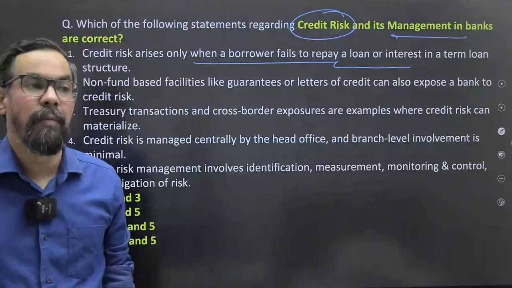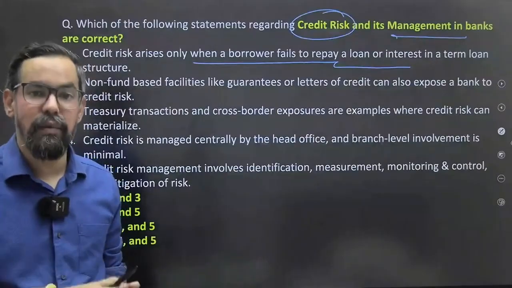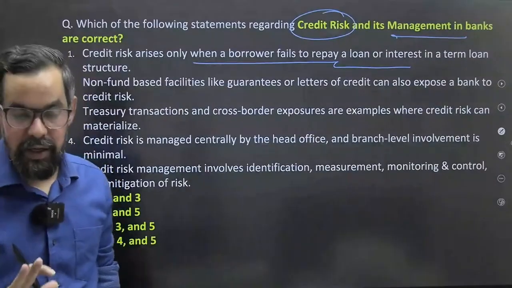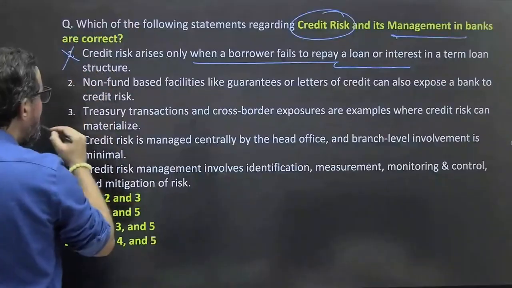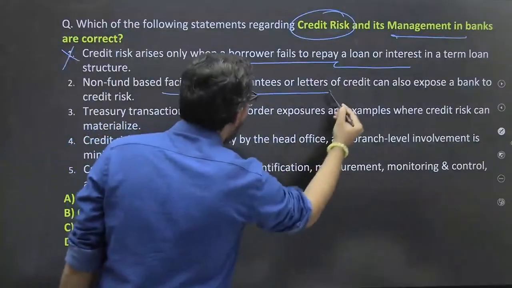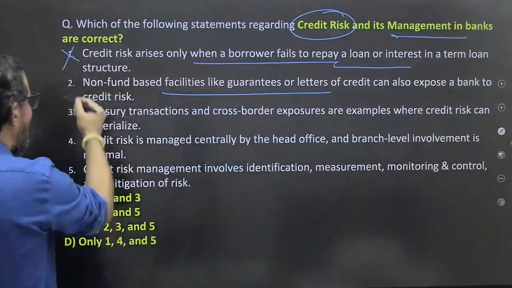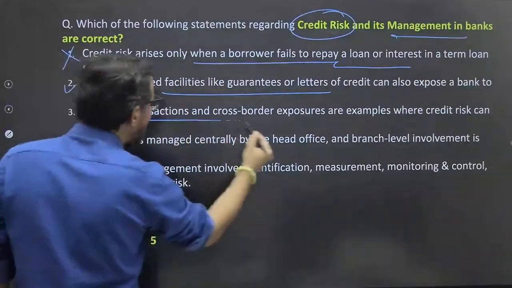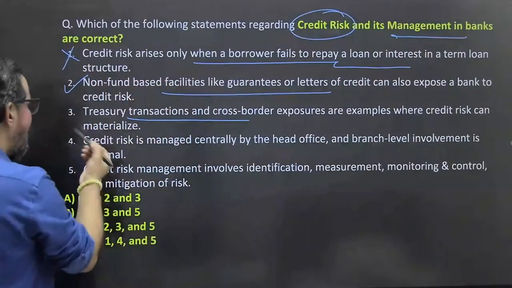Nowadays we have guarantee work also, like LC and others, so there can be the involvement of credit risk there too. So I'll not go with this one. Non-fund based facilities like guarantee or letter of credit can also expose the bank to credit risk. True. Treasury transactions and cross-border exposure are examples where credit risk can materialize.